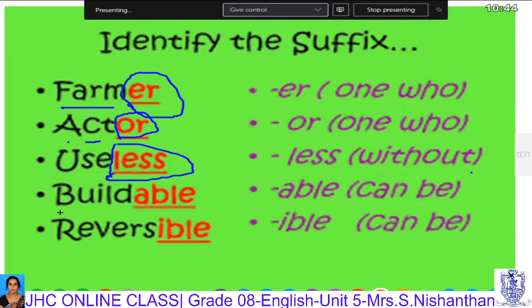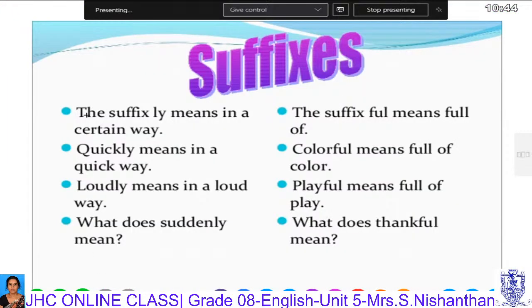Right? Build, it is a verb. When we add able, it becomes an adjective. Can be, able to. Reversible: reverse, able. It can be able to.